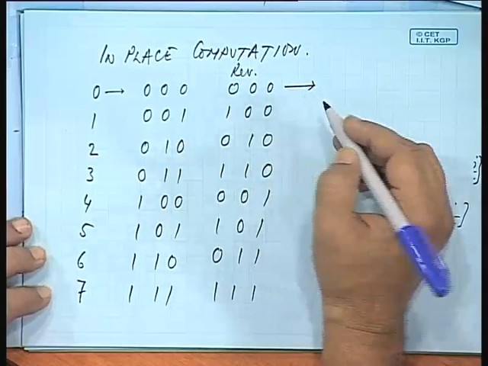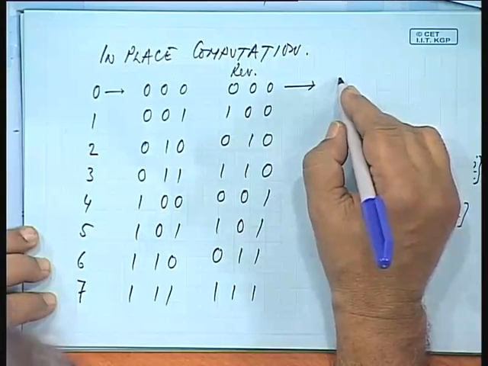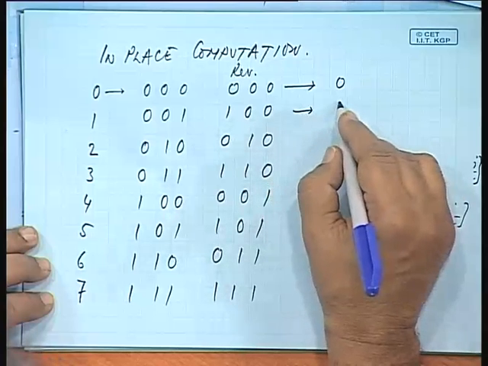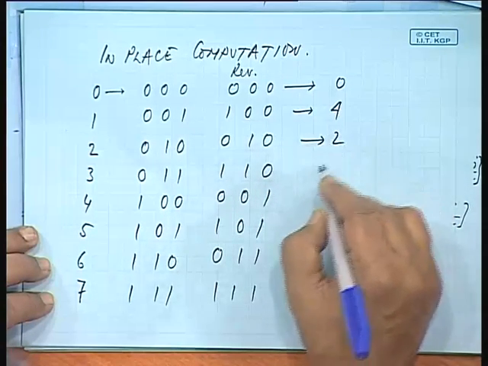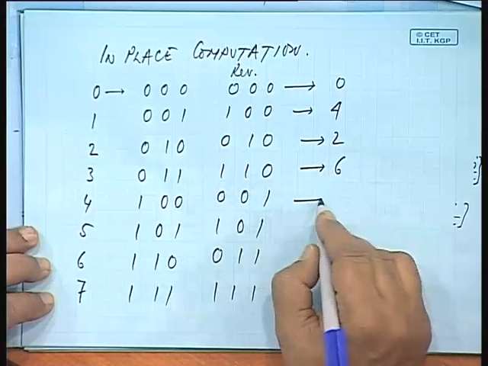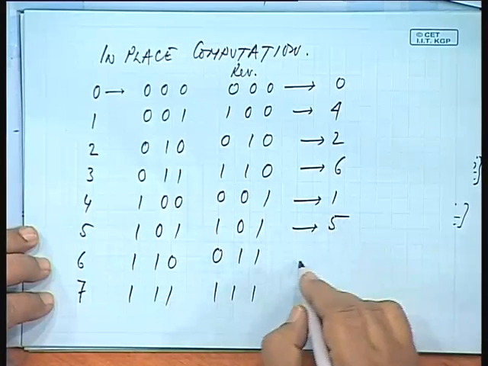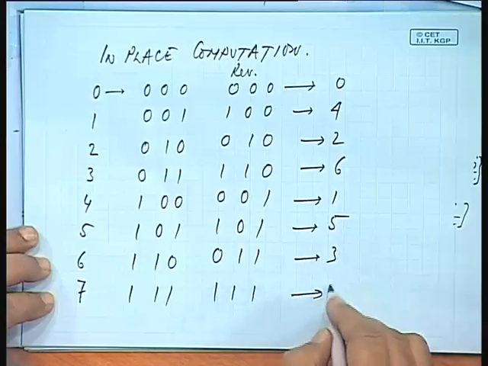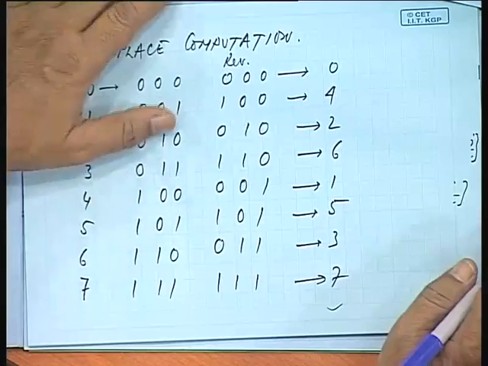Now, if you express them in decimal numbers, this will be 0, 4, 2, 6, 1, 5, 3, 7. So, basically this is the shuffled sequence.